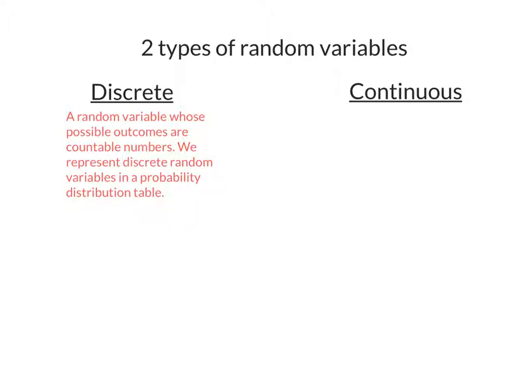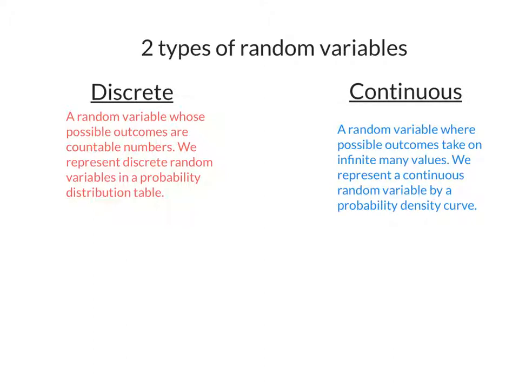We represent discrete random variables in a probability distribution table, which we'll be looking at soon. A continuous random variable is a random variable where possible outcomes take on infinitely many values. We represent a continuous random variable by a probability density curve, and we're not really going to be dealing with too many continuous variables in this section.